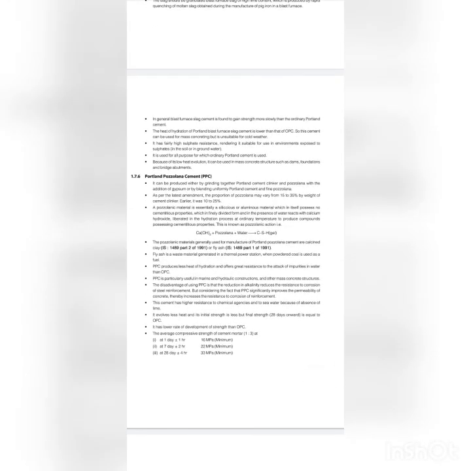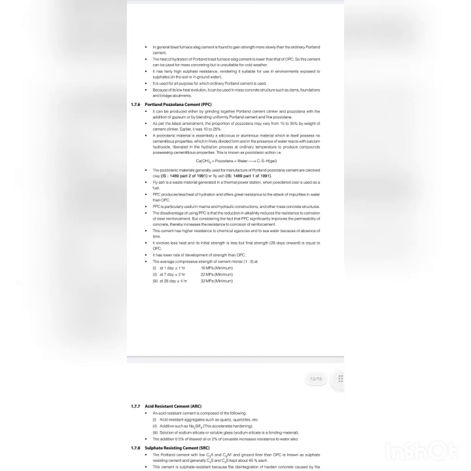And here we can see Portland Pozzolana cement or PPC. It can be produced either by grinding together Portland cement clinker with the addition of gypsum or by blending uniformly Portland cement and fine pozzolana. It has lower rate of development of strength than OPC.